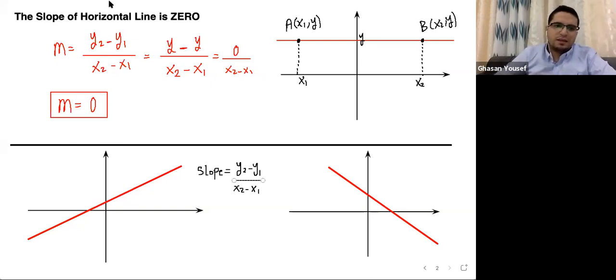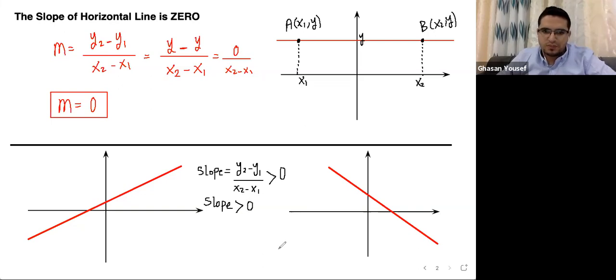For a line like this, the slope is greater than 0, positive.